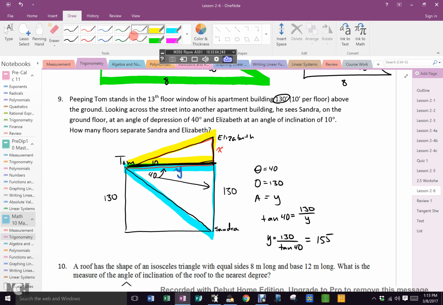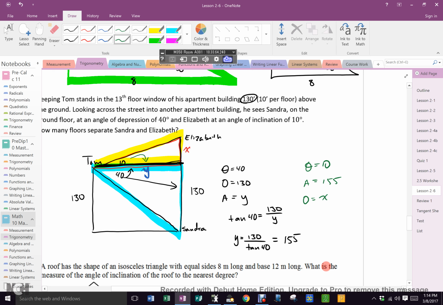And it has a theta of 10 and adjacent of 155 and an opposite of x. Again, it's tan. Tan 10 equals opposite x over 155. Numbers on the bottom, so it's 155 times tan 10 to get x. To get x to be 27.